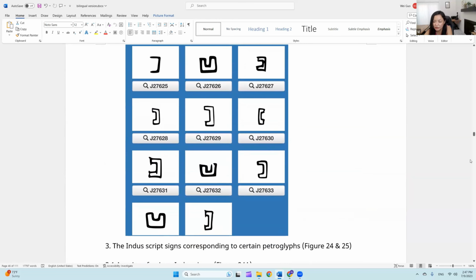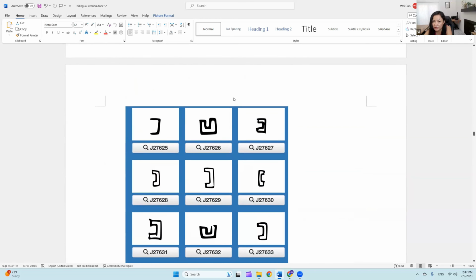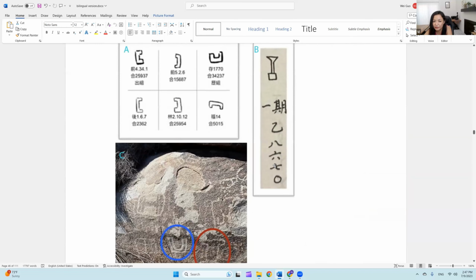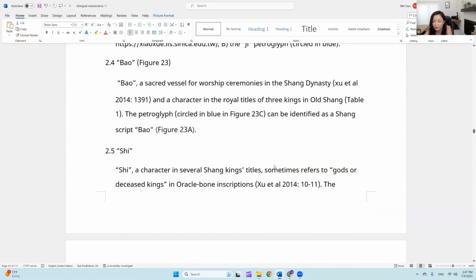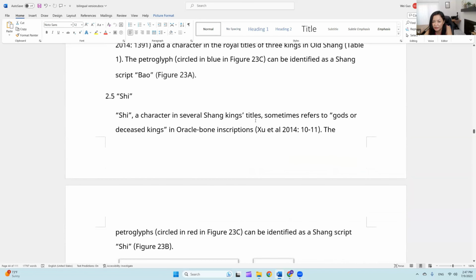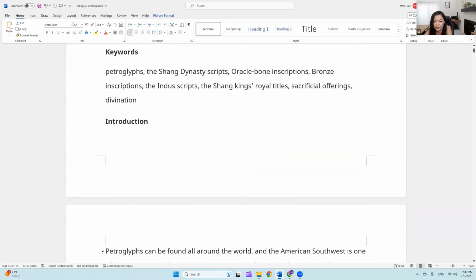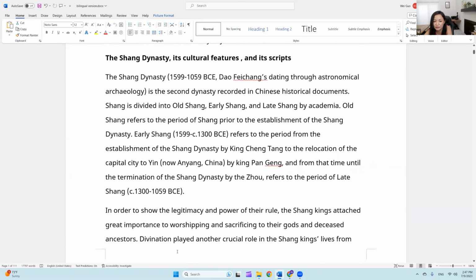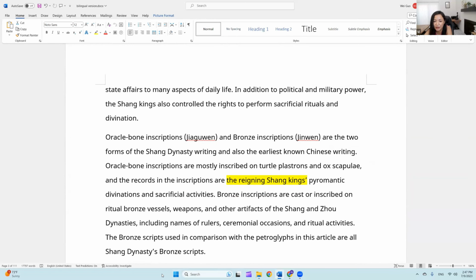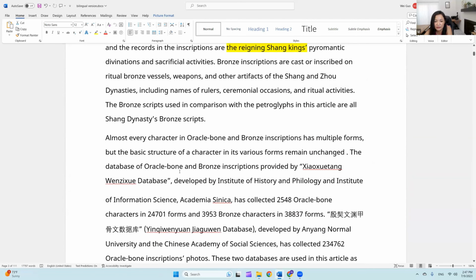Okay. So this character is not only a secret vessel used in the worship ceremony in Shang dynasties. Also, this is a character in 3 kings' titles in early Shang, the Shang before the establishment of Shang dynasty.